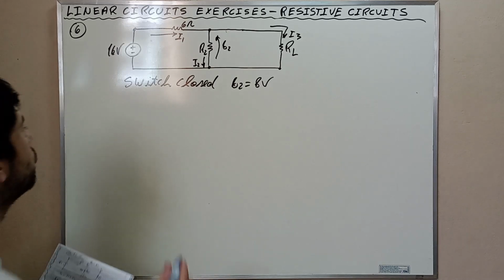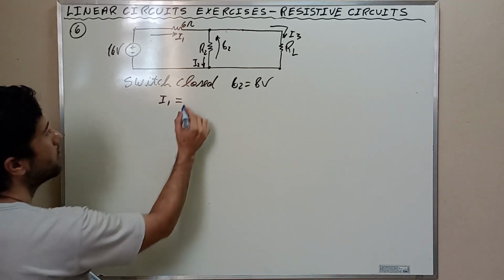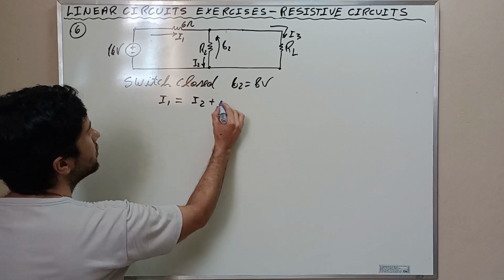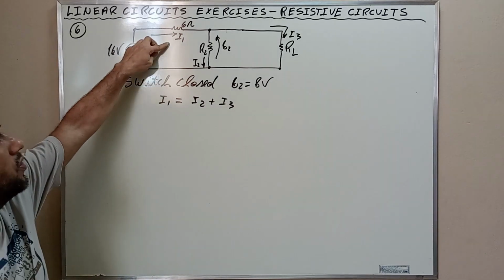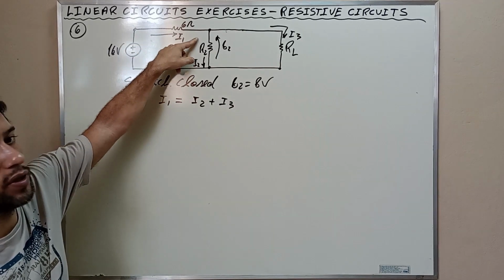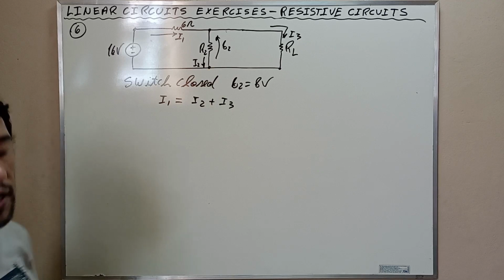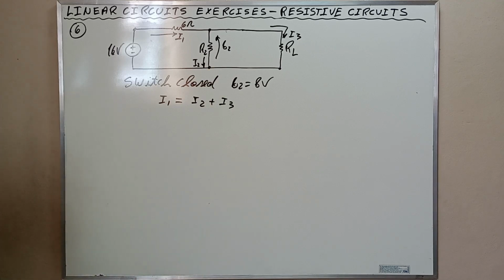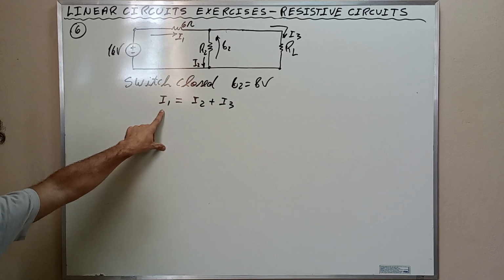And in this way, I1 is going to be equal to I2 plus I3, okay? Why? Because I1 is the only current entering the node, and I2 and I3 are the currents that are leaving the node, alright?